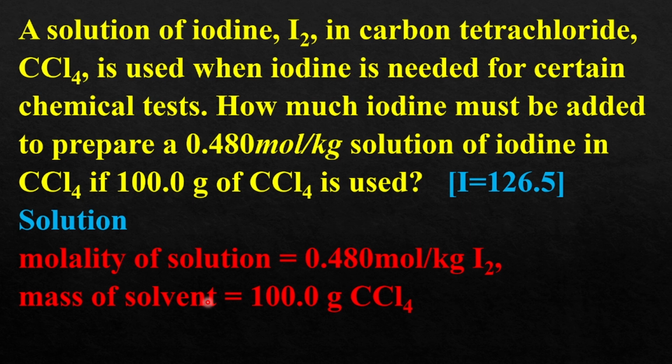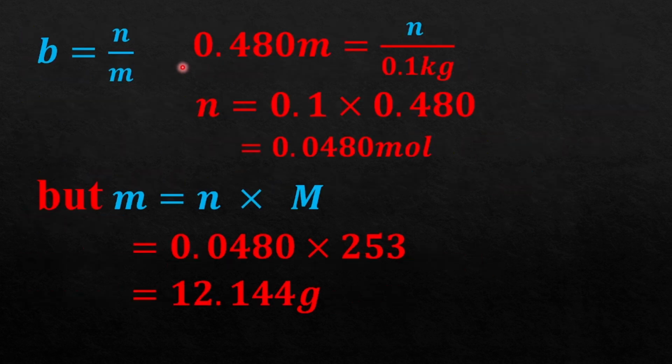The mass of solvent is also equal to 100 grams, which we have to convert to kg. Alright, let's move on. We have I, which is also giving us 126.5. So we can say that B here, which is molarity, is equal to the number of moles over mass in kg. So 0.480 m, this symbol is for molarity, is equal to n over 0.1 kg.